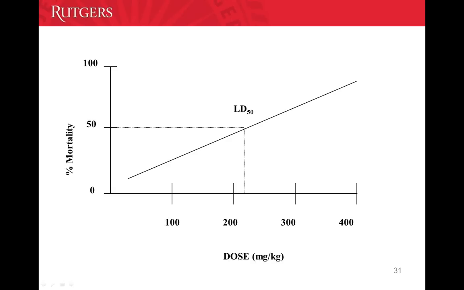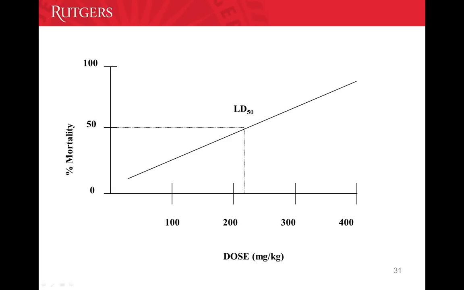As we plot this, we fed the rats, and we look for the number that died. Usually when you do these studies, you have a range of doses, and you have the same kind of rat or mouse or other test animal, and you feed them at different doses, and you look for the effects. And clearly, as we increase the dose, we see an increase in the mortality.